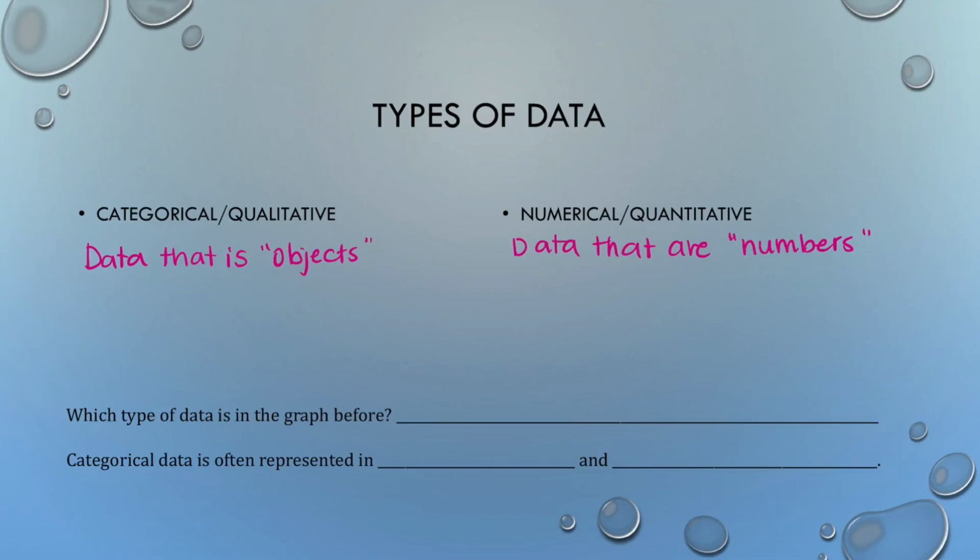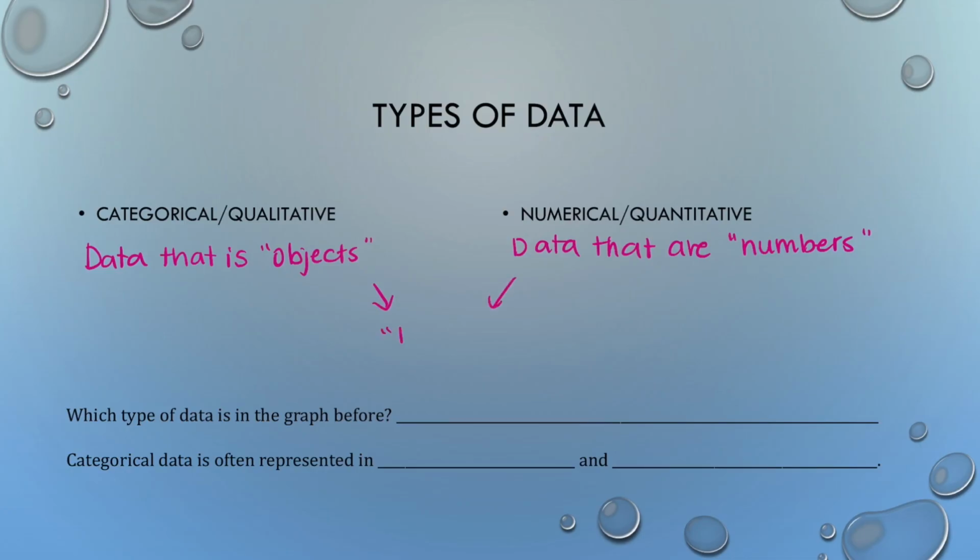And I put that in quotation marks because sometimes there is overlap. Like let's say you go to a restaurant and it says, how was your experience from a scale of 1 to 5? That one's kind of weird because the answers are numerical, but it's kind of more categorical.